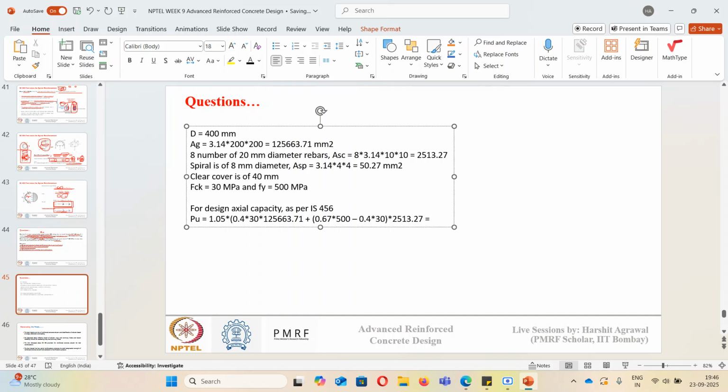When you do this calculation, the PU value comes out to be 432437.74 kilonewton. So this is the axial capacity of my circular column with the spiral reinforcement.